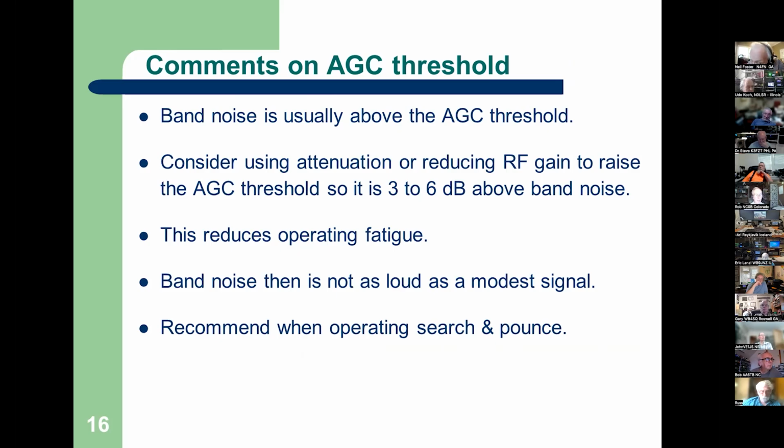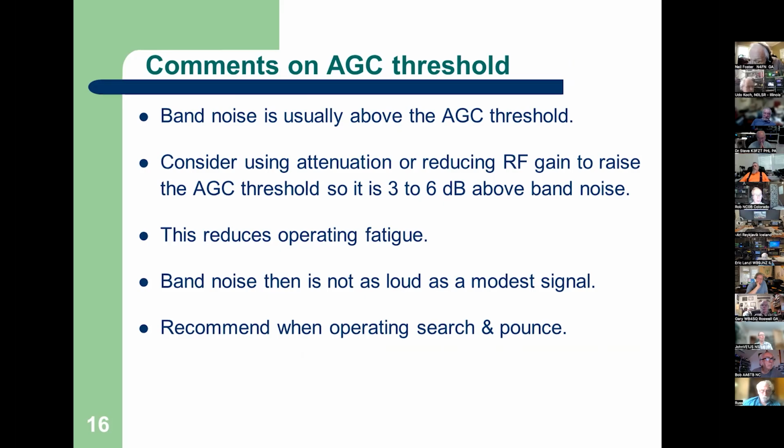Every time you're tuning between stations, let's say you're search and pounce like I am on CW, I don't want noise just as loud as every station I'm tuning in, because of the way the AGC works.